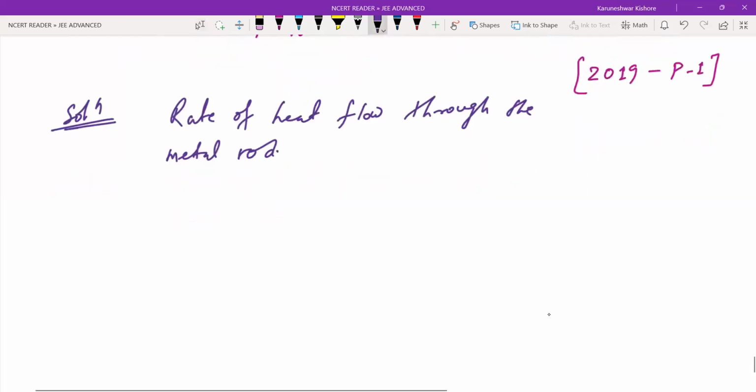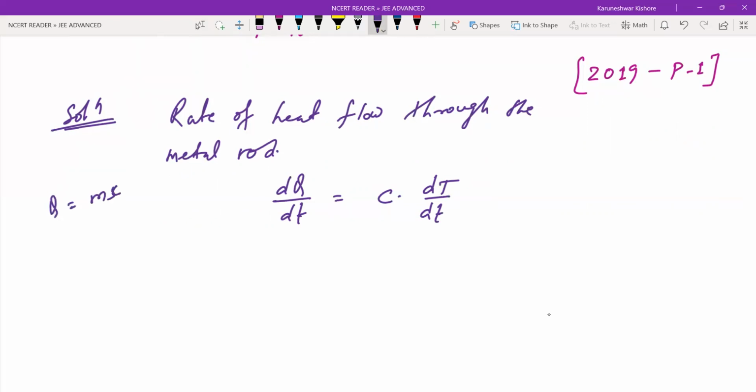तो सबसे जो इसमें हम लोग इस फॉर्म को यूज करेंगे, this is called the rate of heat flow through the metal rod, which is dQ by dt. And dQ by dt is what we are having, that heat capacity C, and then dT by dt, so C dT by dt. तो हम जानते हैं कि Q जो होता है, this is what we are having, ms, and mc delta T, it is this one. So if we include mc, this will be called heat capacity, which we have written here, and this is the change in temperature.